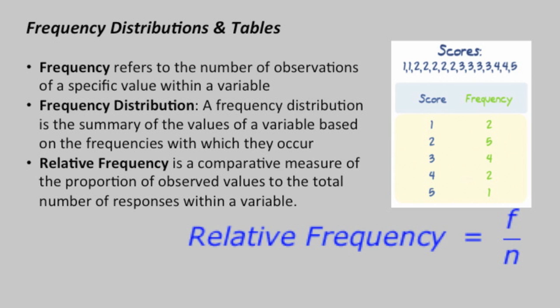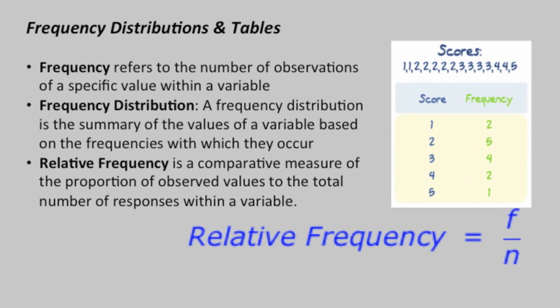Relative frequency is a comparative measure of the proportion of observed values to the total number of responses within a variable. This pretty much just gives you the percentage. Where it says frequencies, you add 2 plus 5 plus 4 plus 2 plus 1, and that equals 14.